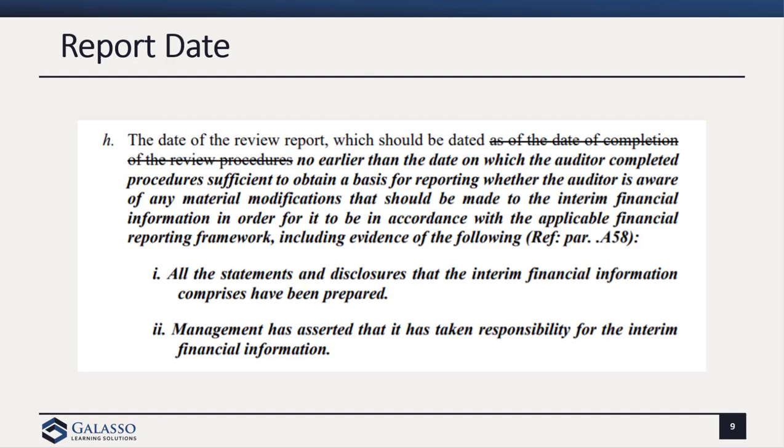So here the date is no earlier than the date on which they've completed procedures sufficient to obtain a basis for reporting whether the auditor is aware of any material modifications that should be made in order for it to be in accordance with the financial reporting framework, all the statements and disclosures have been prepared, and management has taken responsibility for that information. So that is different than the extant standard, which is just the date of completion of the review procedures. So that's another big area to point out.